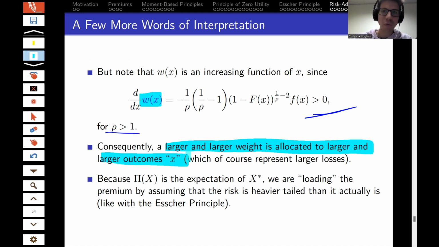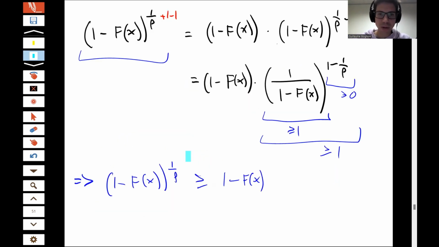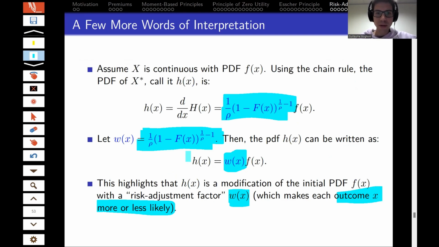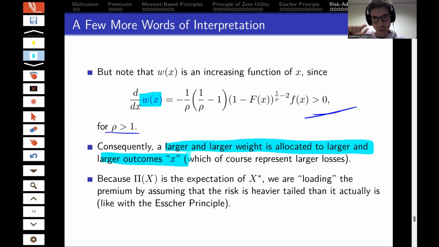So again, we have a confirmation of what we said by analyzing the survival function. Looking at the density under the transformation compared to the initial variable, the larger x's have a bigger weight, so it makes big losses more likely. So the X star is riskier than the initial X. Conceptually it's quite similar to the Escher principle.